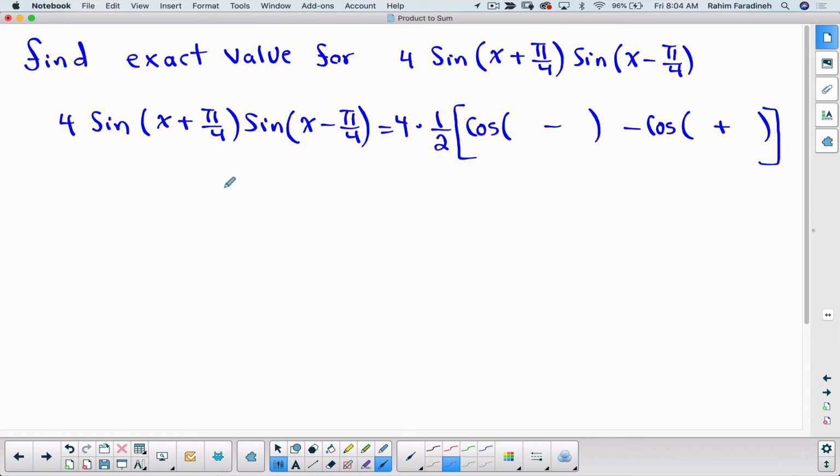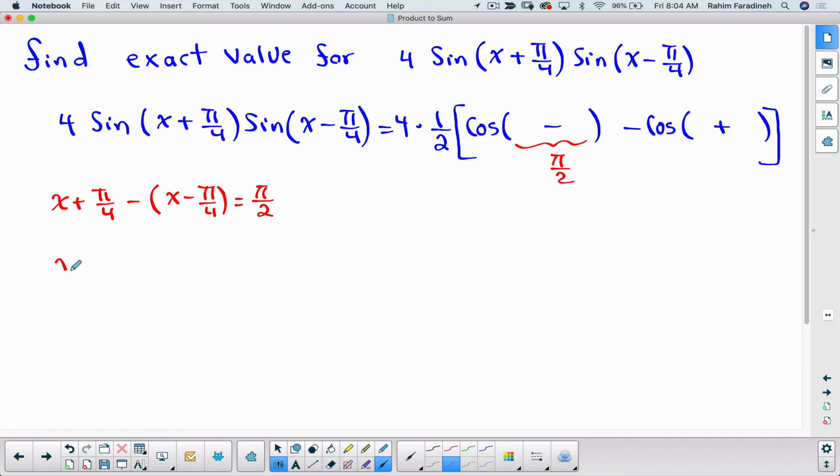So let's step outside of this process and figure out the difference of these two angles: x plus pi over 4 minus x minus pi over 4. We simplify this and that becomes pi over 2. So the difference of our angles is just pi over 2.